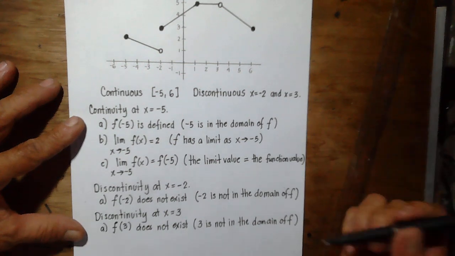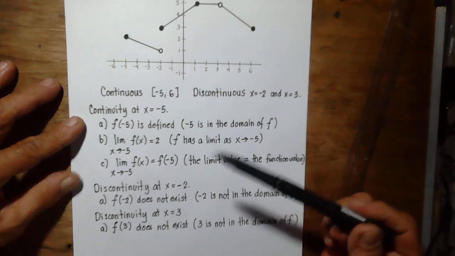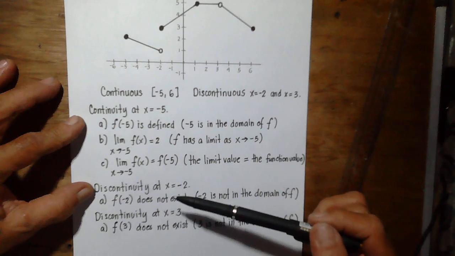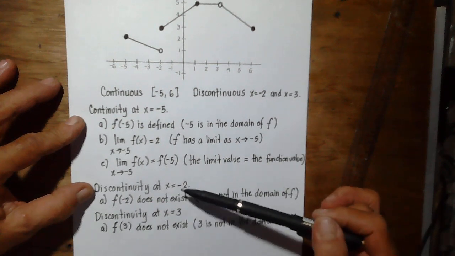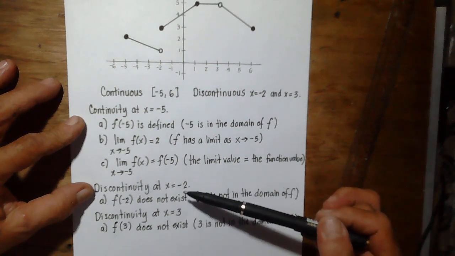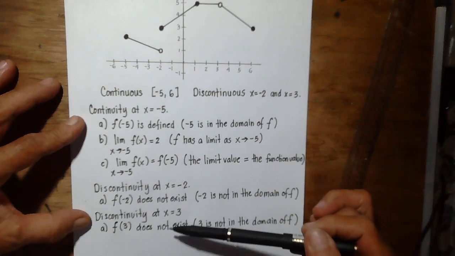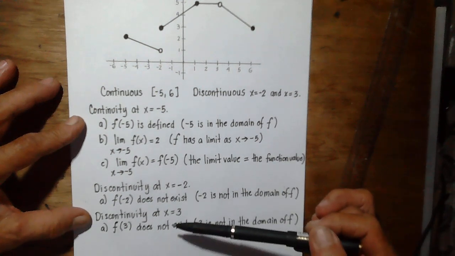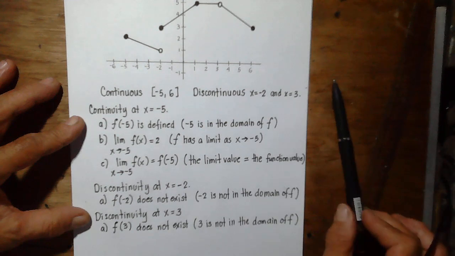So we have proven on one reason that the function is discontinuous when x is equal to negative 2, and it is also discontinuous when x is at positive 3.